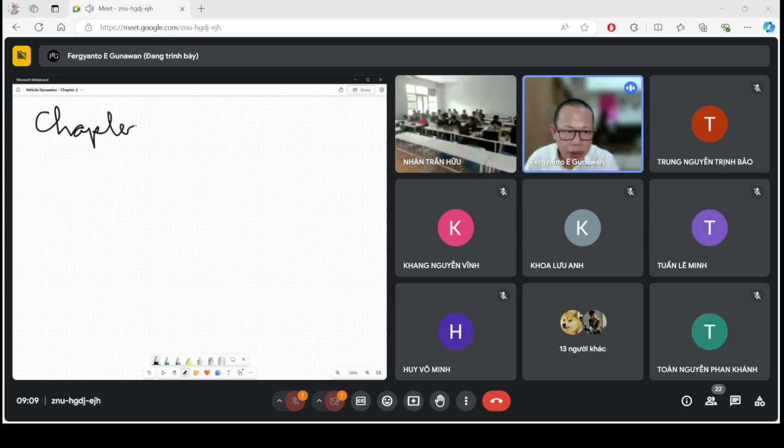Discuss about chapter 2, and we are going to focus on the forward vehicle dynamic.